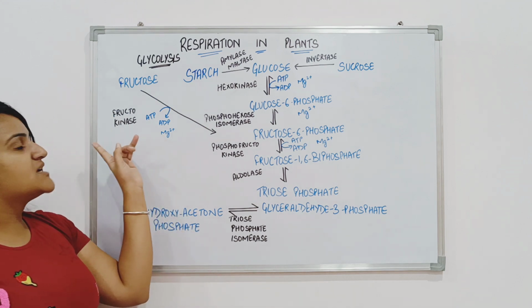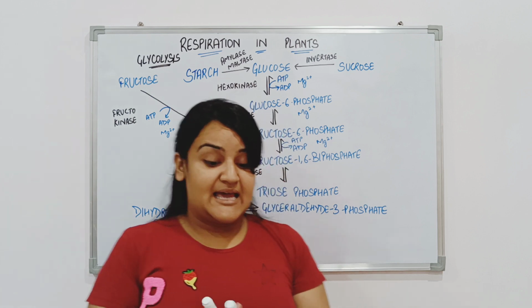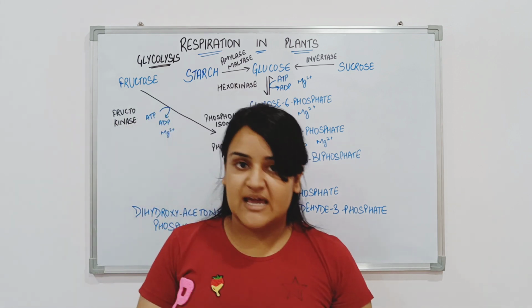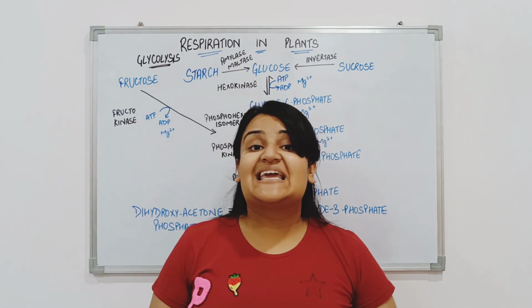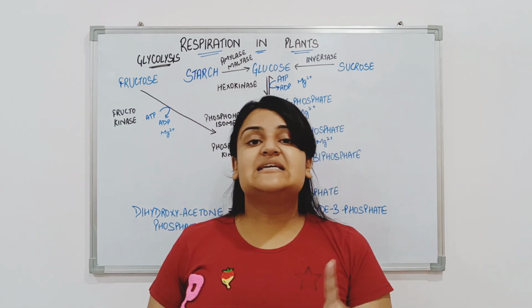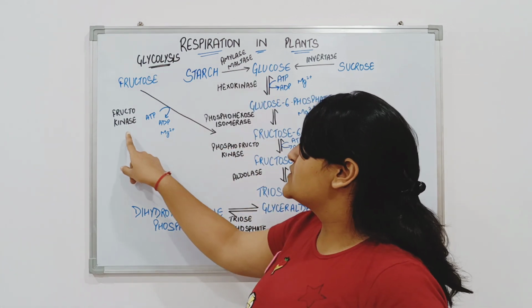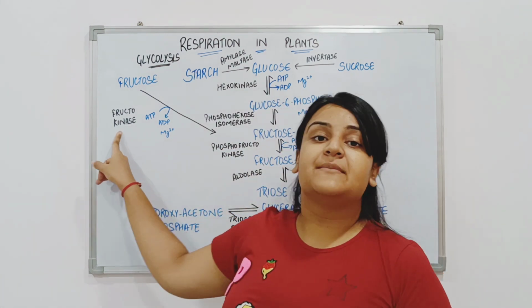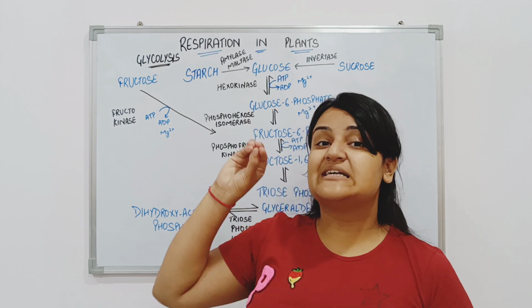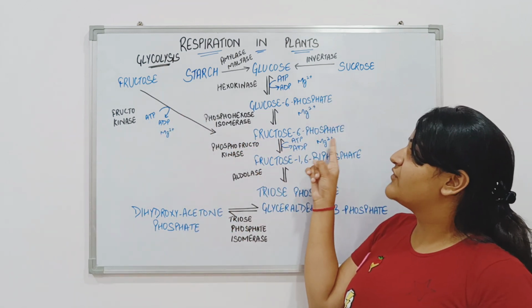And the enzyme used here will be fructokinase. What is kinase? Kinase is an enzyme used wherever the ligation, the pasting, is being done. So fructokinase means 1 phosphate has attached to the 6th position, forming fructose 6-phosphate.